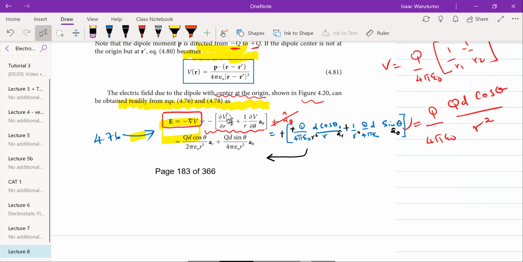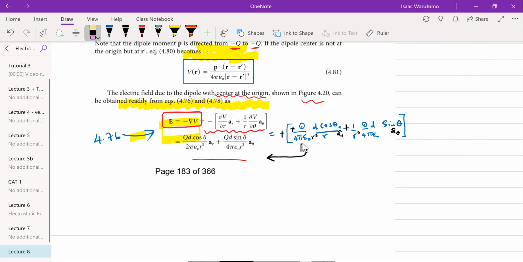So when we perform this differentiation, or partial derivatives, the first one with respect to R and the second one with respect to theta, we are able to obtain this expression as expressed here.